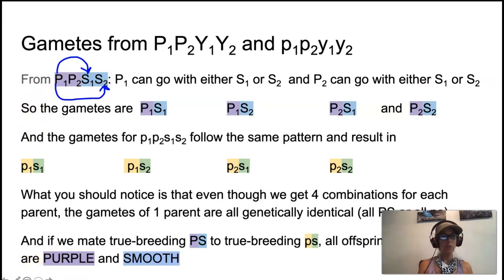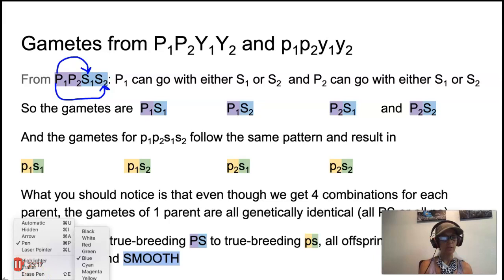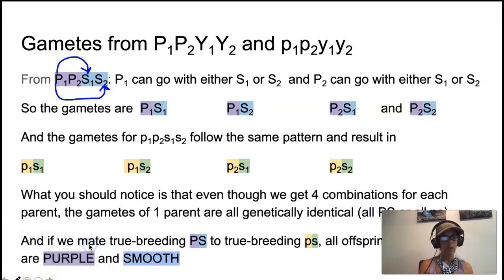Then how do we determine what the rest of them are? I'd really like to get my pen color different. Let's go with red. Then P2 could go with S1, or P2 could go with S2. So if P1 goes with S1, that's the gamete.